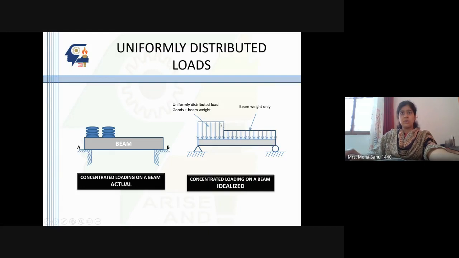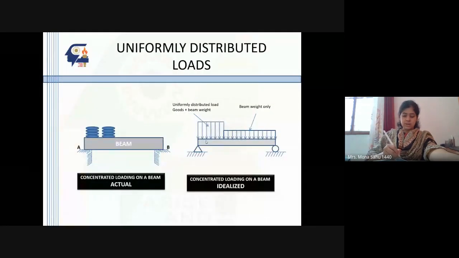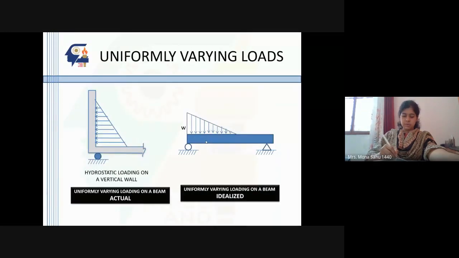And only in this area you have some extra load, and it's also a uniformly distributed load. And the last one is known as the uniformly varying load.